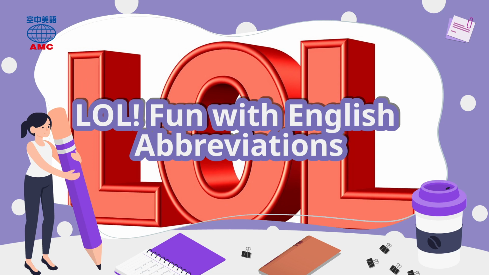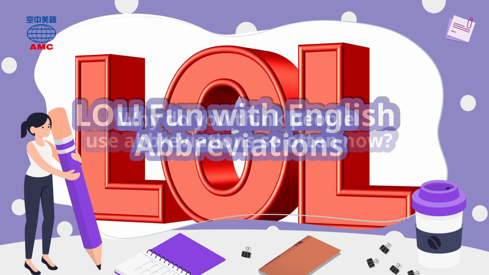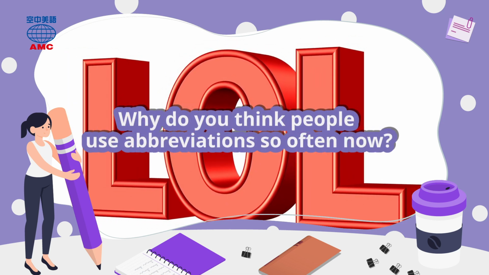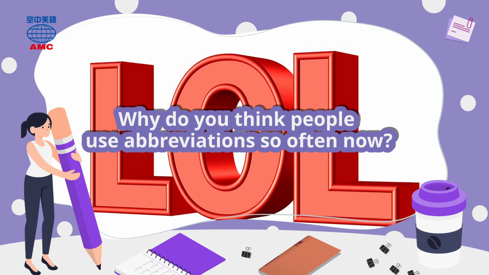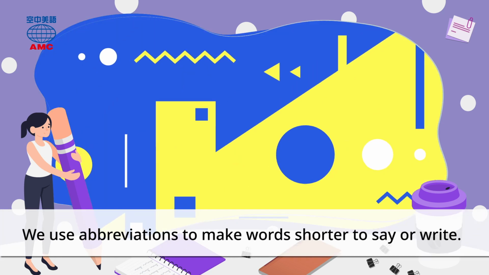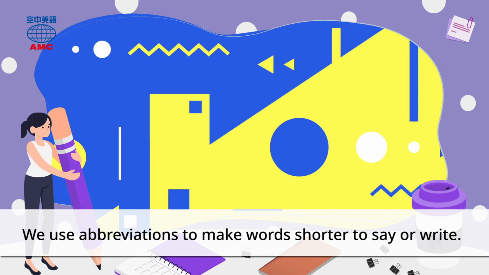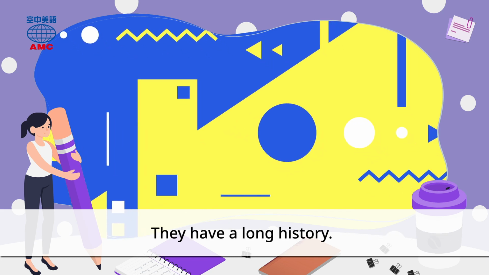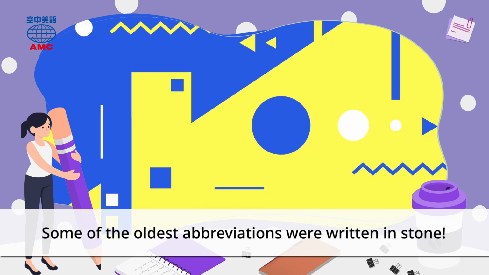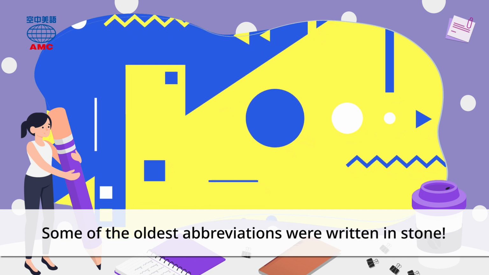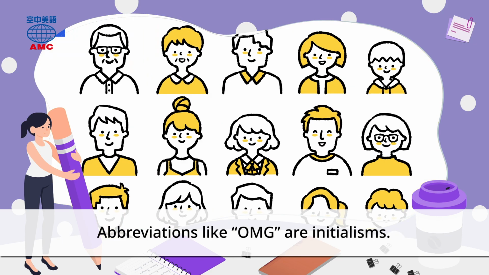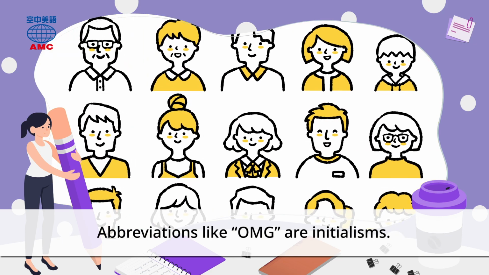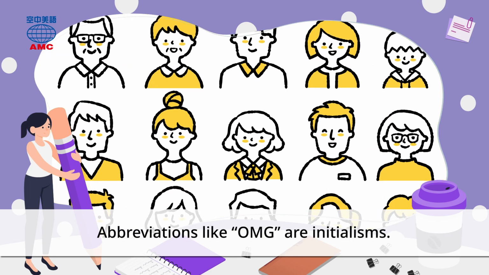LOL. Fun with English abbreviations. Warm-up question. Why do you think people use abbreviations so often now? We use abbreviations to make words shorter to say or write. They have a long history. Some of the oldest abbreviations were written in stone. Abbreviations like OMG are initialisms.